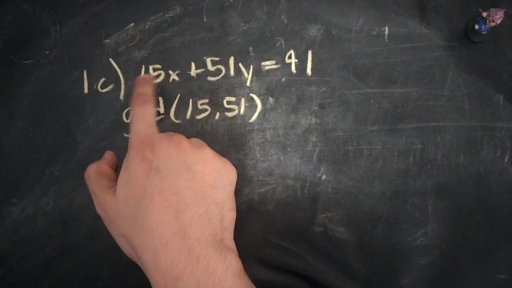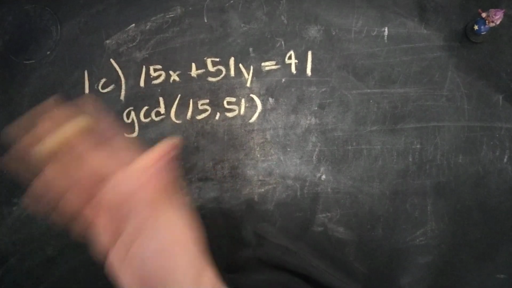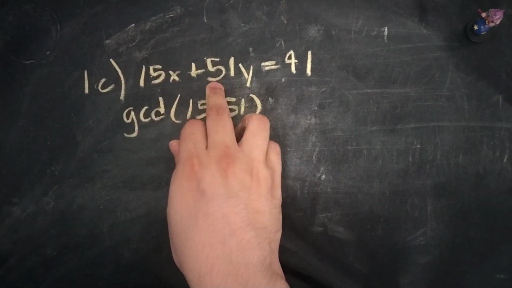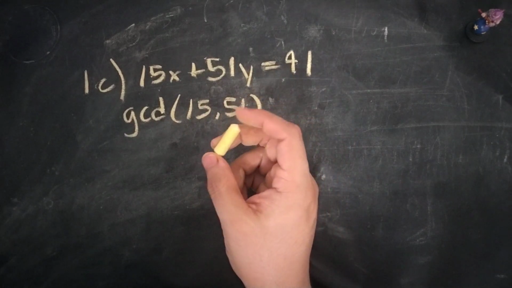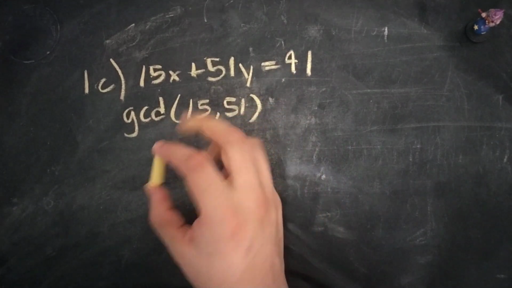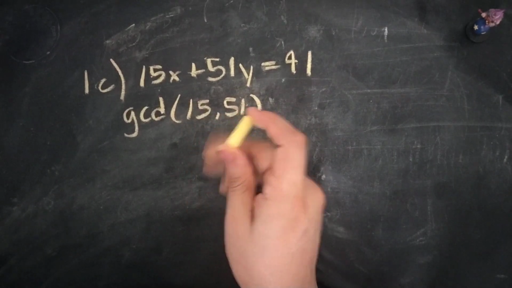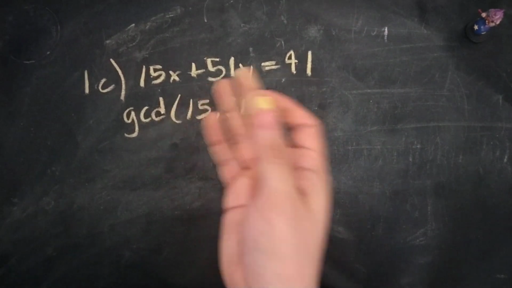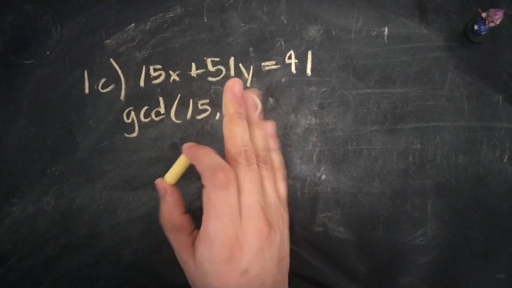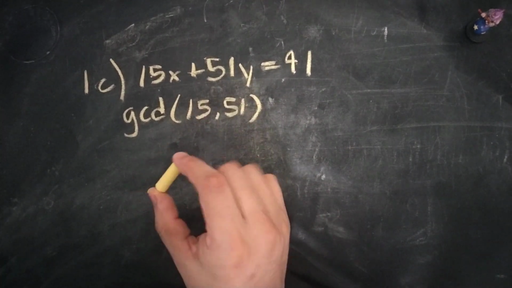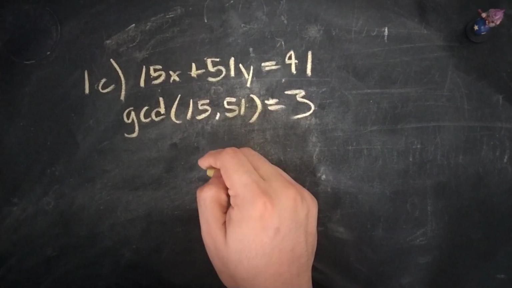So 15 is 1 plus 5, which is 6, so it's divisible by 3. 51 is 5 and 1, which is 6, which is divisible by 3, so 51 is divisible by 3. Now it's a small number, so you could have just divided by 3, but it's one of those nifty little tricks that you can keep in the back of your pocket. So the greatest common divisor is 3.